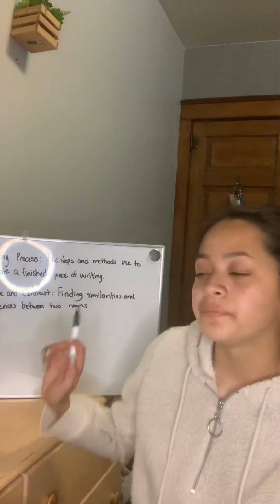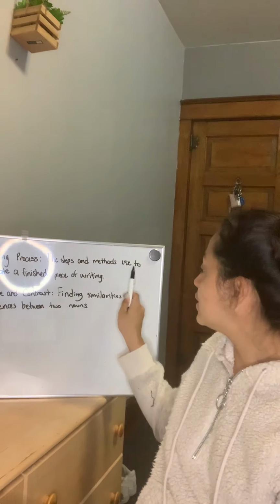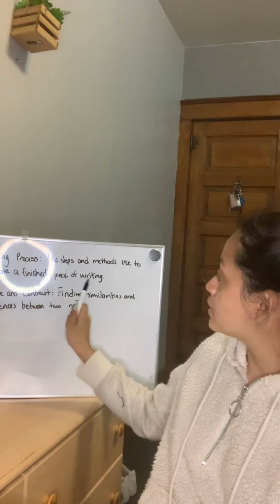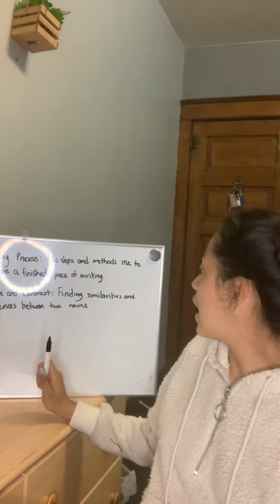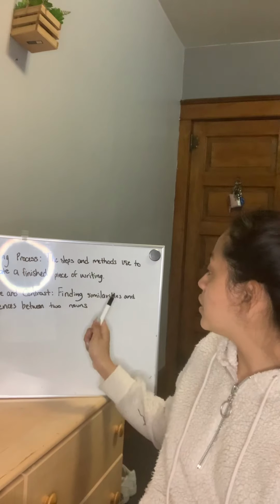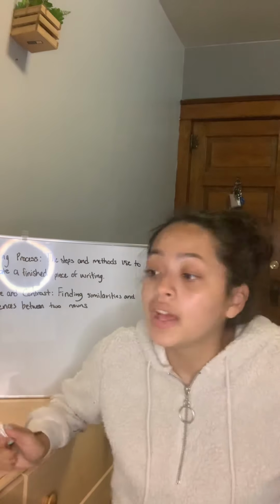The writing process: this is the steps and methods used to generate a finished piece of writing. And when we compare and contrast, this means we're finding similarities and differences between two nouns.